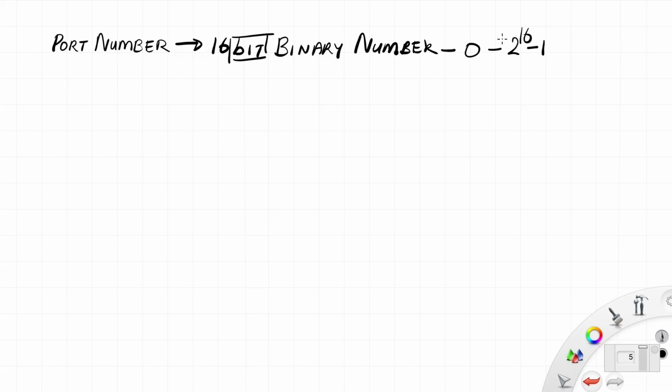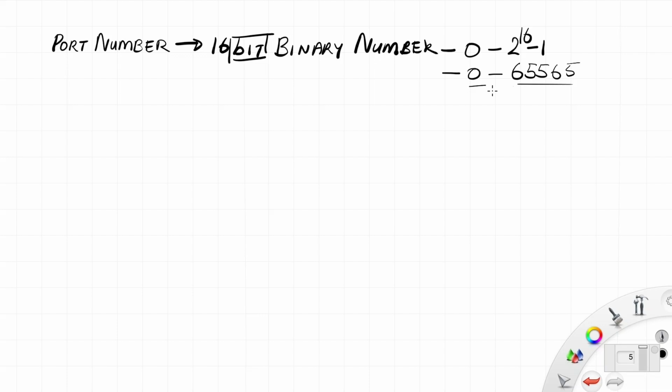That's why 2 raised to 16 comes into the picture. If you want more details on this, I recommend you refer to my previous trainings. But essentially, the port number can vary from 0 to 65535, which is 2 raised to 16 minus 1. So that is the range of the port number.